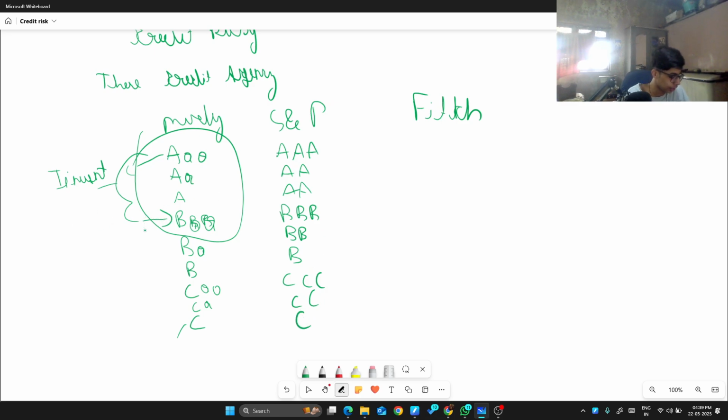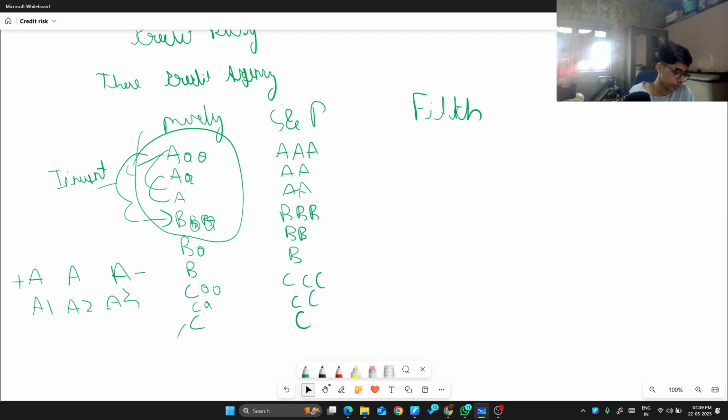There are also ratings between these, like A plus and A minus, so there are many categories, and usually rating agencies rate the company.